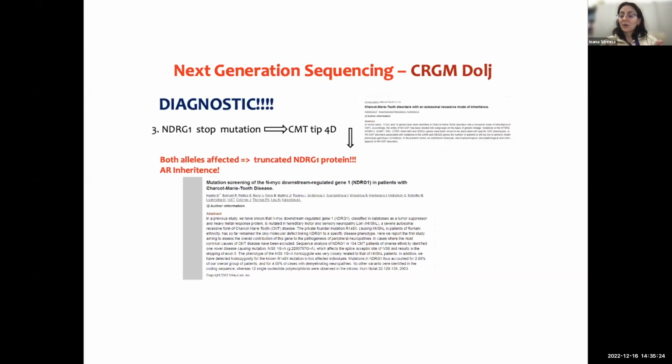And when we compare the clinical phenotype of our patient with the clinical phenotype described in the literature for this Charcot-Marie-Tooth type and the gene, we could say that there is a correlation between the genotype and the phenotype of our patient, and that this is the genetic variant that caused the problem to our patient.